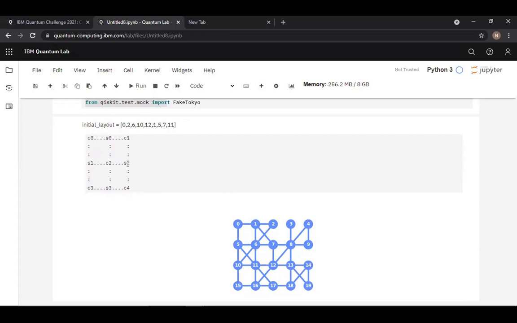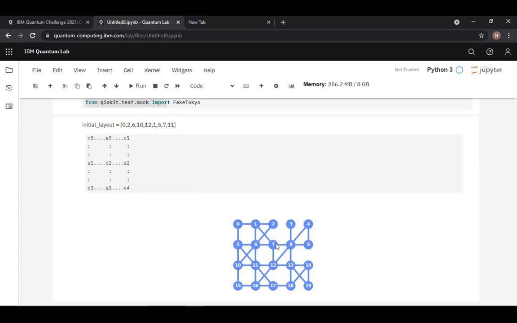So how do we actually come up with it? Because you don't have a real physical connection between them, technically you can't apply any operation between these 2 qubits. So how do we do it? Whenever we are going to apply any operation between 2 and 7, which is S2 and C1, what we do is we apply a swap.